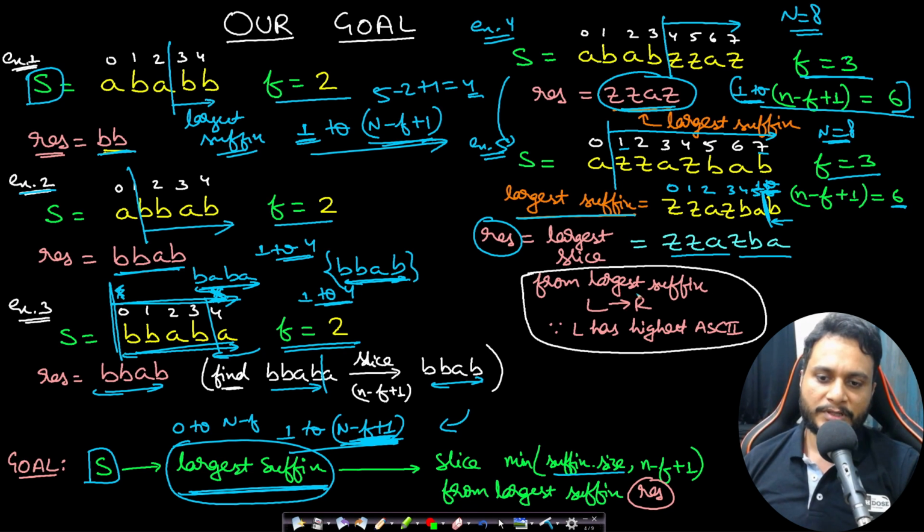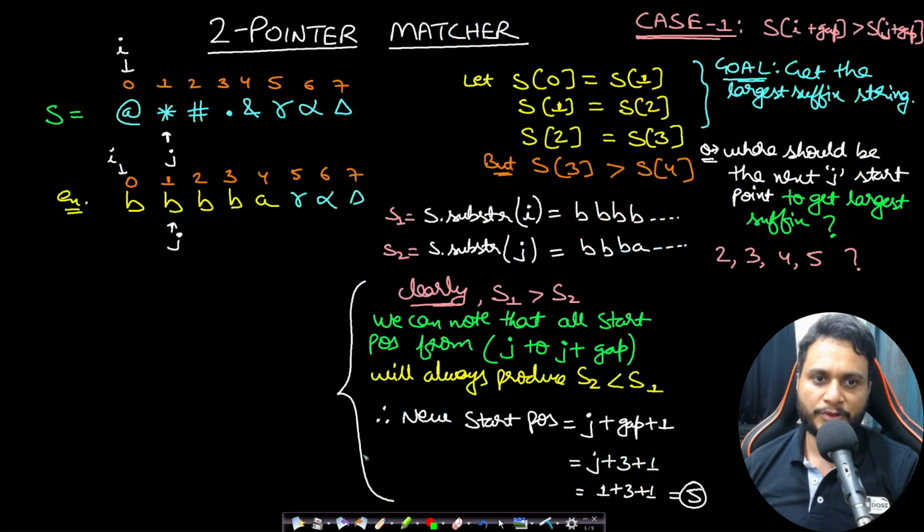So now we will be focusing on calculating how to get the largest suffix optimally from the input string, and for that reason we will be doing the optimal two pointer matcher. At first glance it may not be obvious that two pointer will work, but let's flow through the process, and by the end you will get the exact reasoning of how two pointer works in this scenario.